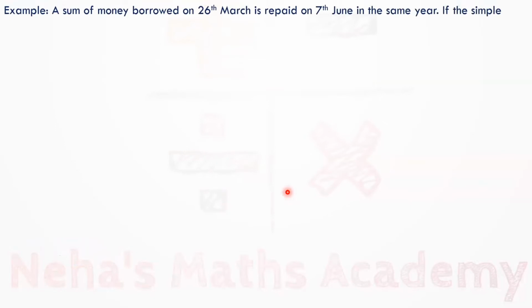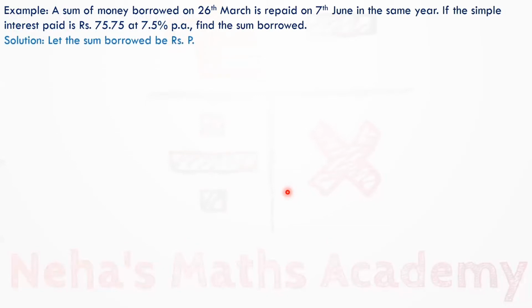Next example. A sum of money borrowed on 26th March is repaid on 8th June in the same year. If the simple interest is rupees 75.75 at 7.5% per annum, find the sum borrowed.